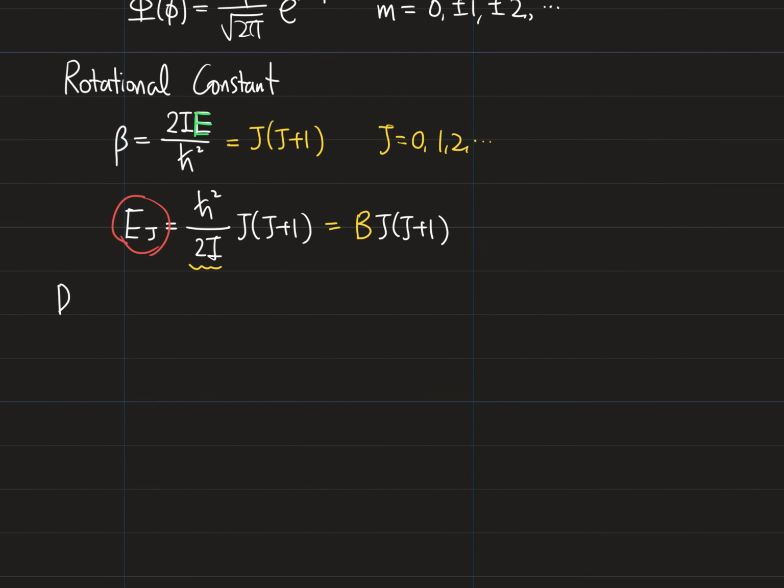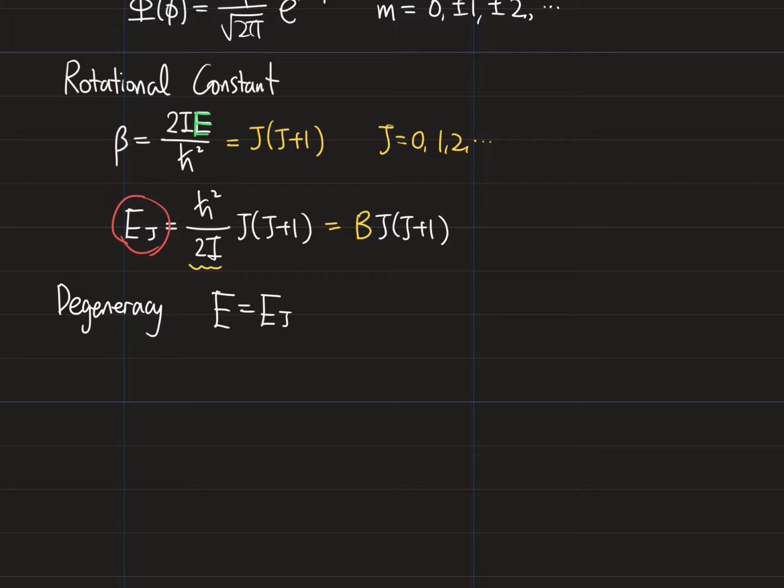And we can also discuss the degeneracy. So we saw that the energy is dependent on J, right? Energy is a function of J. But actually the quantum number M doesn't appear here, which means it doesn't really affect the allowed energy levels.